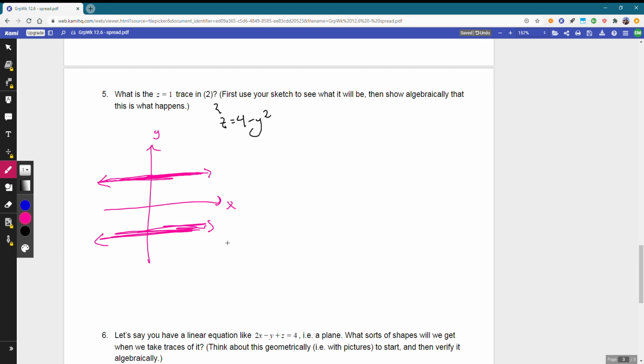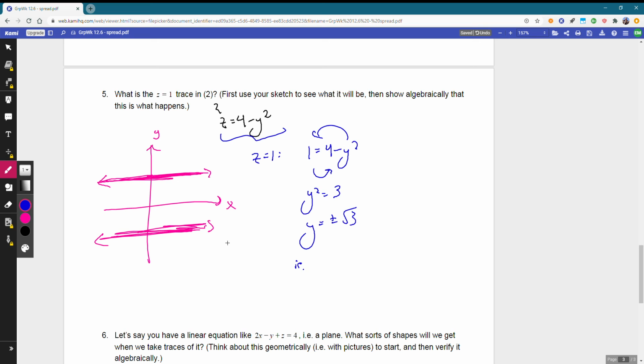And algebraically, why does this happen? Well, if we take our equation here and set z equal to 1, we get 1 equals 4 minus y squared. So if we add the y squared and subtract the 1, we get y squared equals 3, or y is plus or minus root 3.